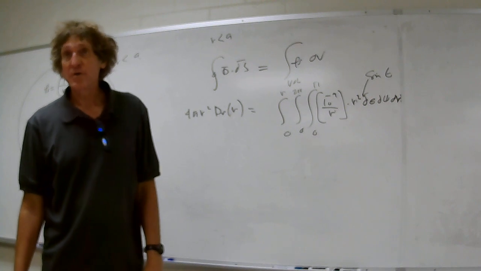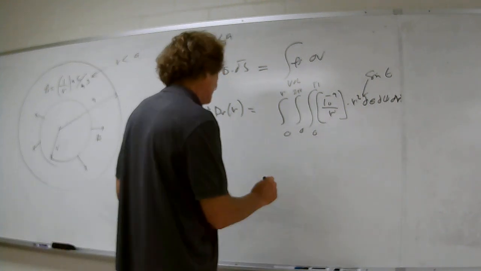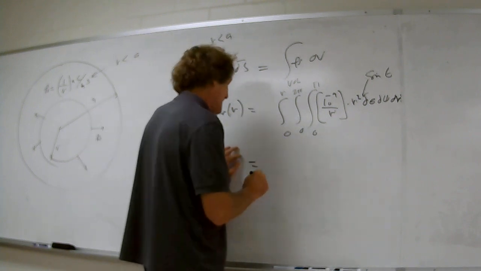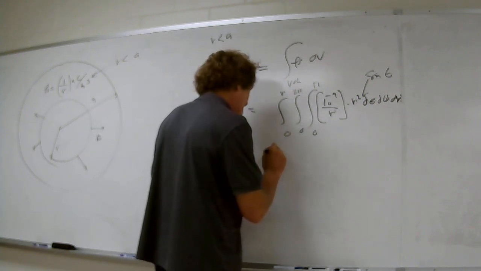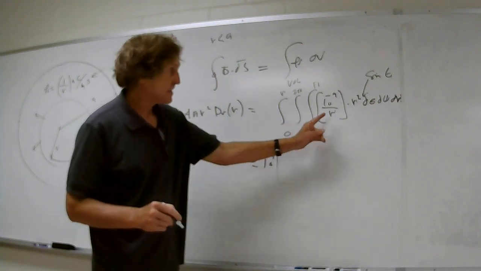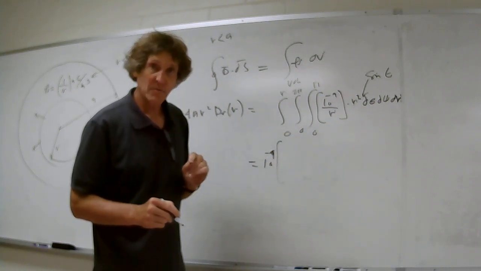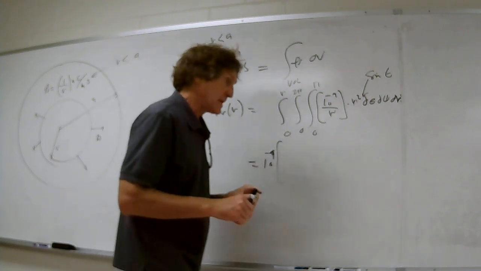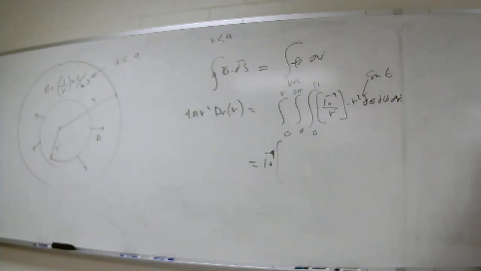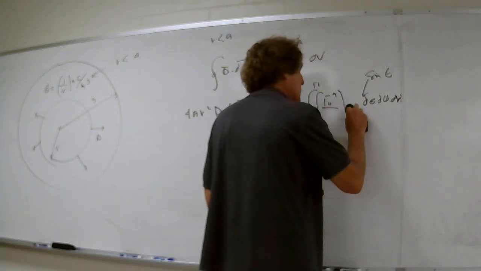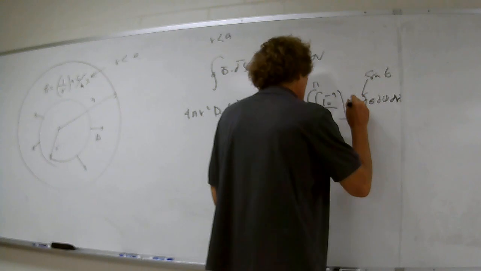All right, now I'm going to go ahead and do this once. Usually I don't bother, but first thing I'm going to do is take the 10 to the minus 9th out in front. Now, the next thing is I see the r prime and r squared. One of them is going to cancel. It's just r prime. Do you all agree with that? So I can get rid of that r squared over r and just make this r prime.